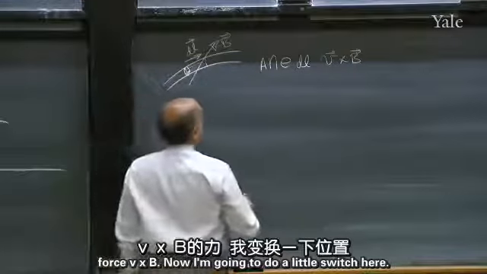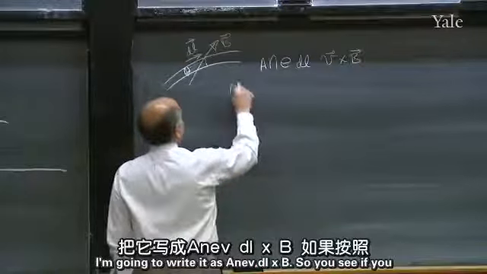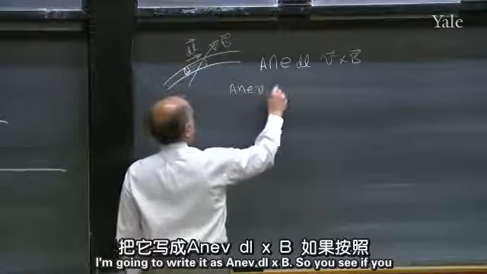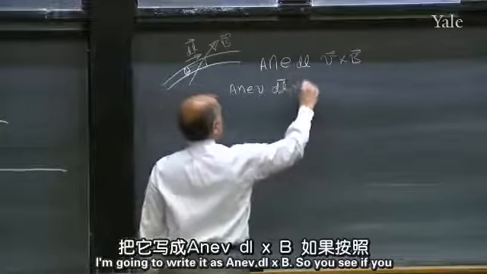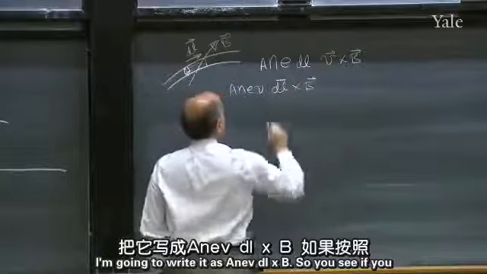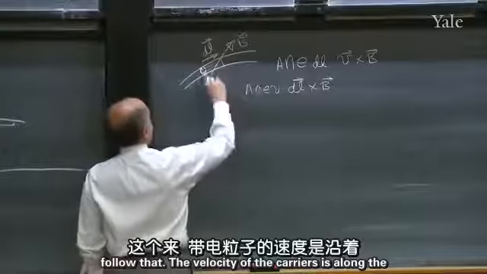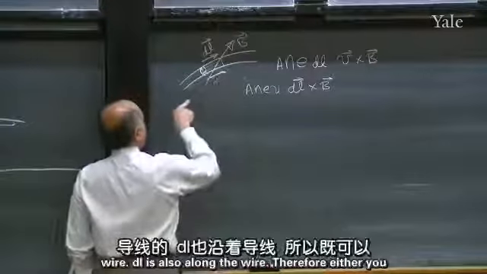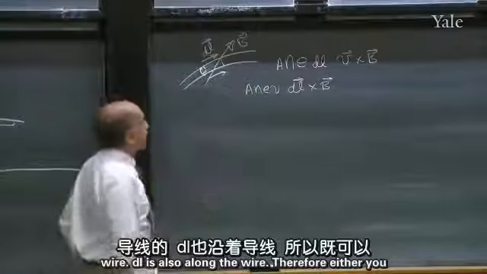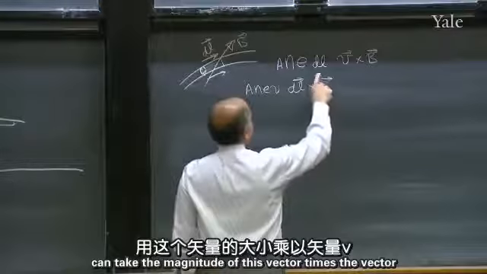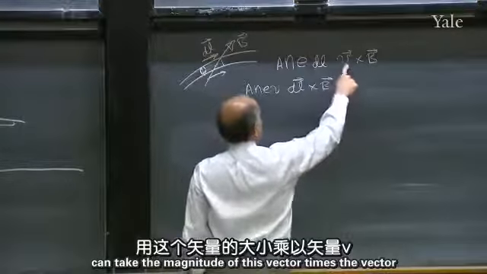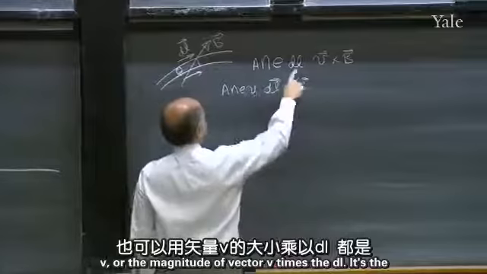Now I'm going to do a little switch here. I'm going to write it as A N E V dl cross B. So you see if you follow that. The velocity of the carriers is along the wire. dl is also along the wire. Therefore, either you can take the magnitude of this vector times the vector V, or the magnitude of vector V times the vector dl.